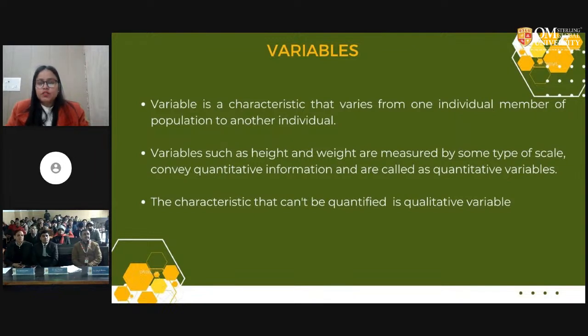For example, gender, which can be categorized into male or female. That is basically showing the quality of a person, so that is an example of a qualitative variable. So when we start with statistical techniques, we have to differentiate our variables on the basis of this category: whether your variable is quantitative in nature, or qualitative in nature.